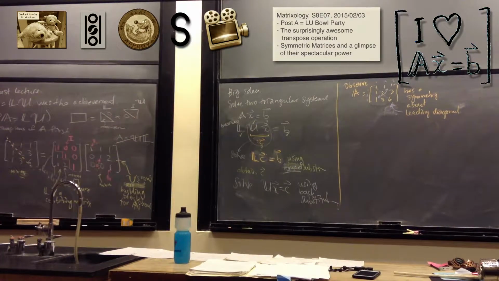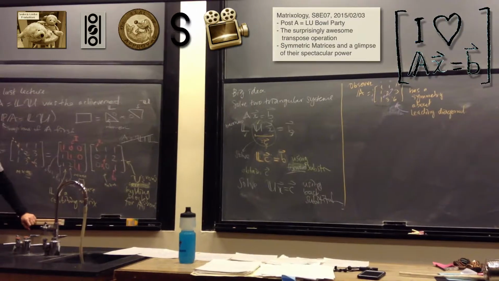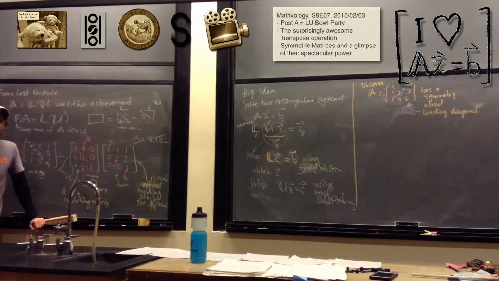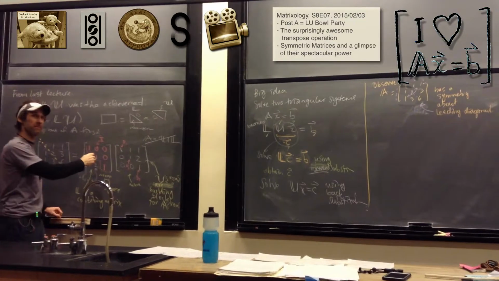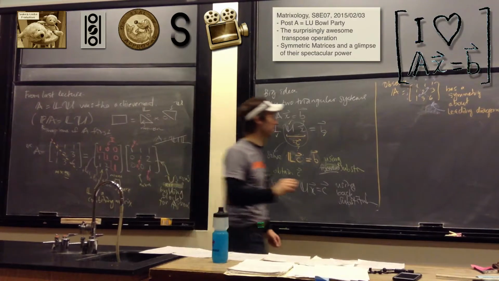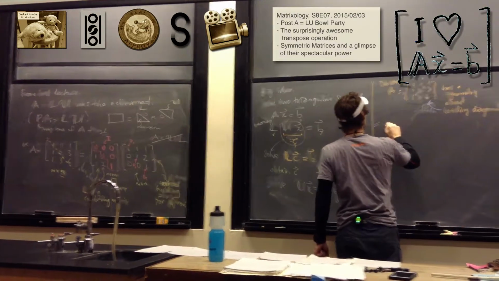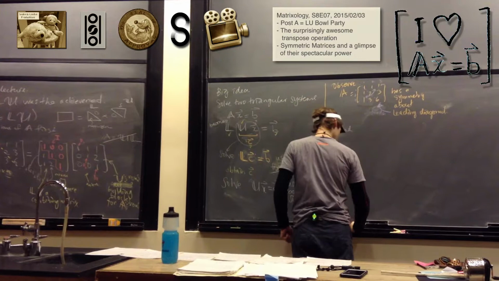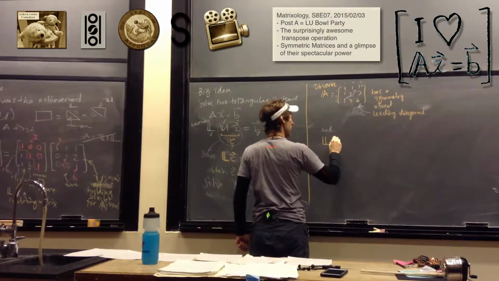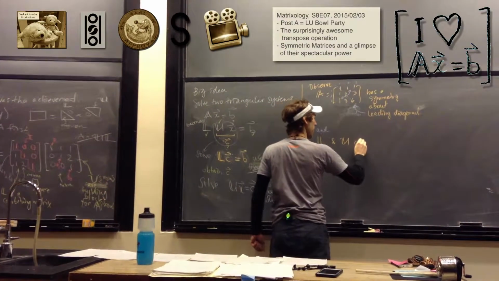Okay, let's look at L and U. They're not symmetric like this, but they're flips. They're mirror images about this diagonal. That's very good. L and U are mirrors of each other.